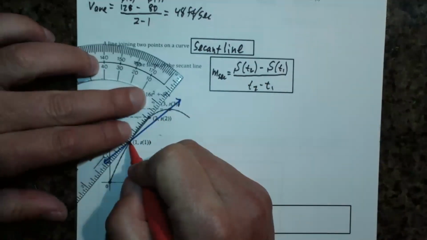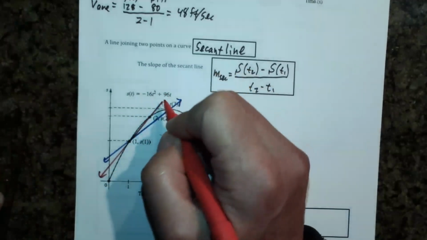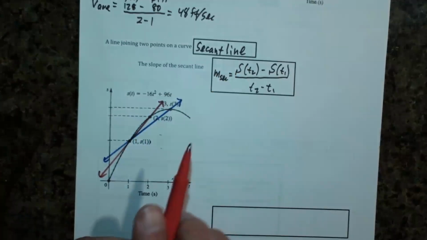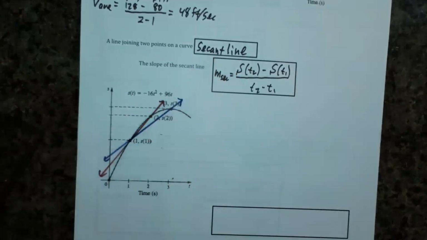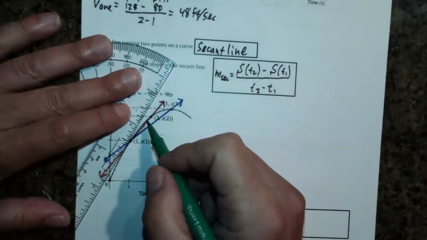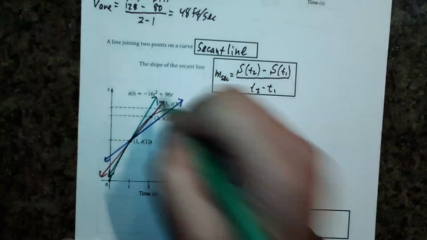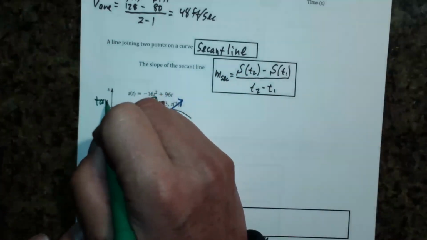And our second secant line went through here and here. And once again, you can see that slope is changing. And our goal is to end up with what's called a tangent line, meaning it's a line that goes through and just touches the graph at one point. This is the tangent line.